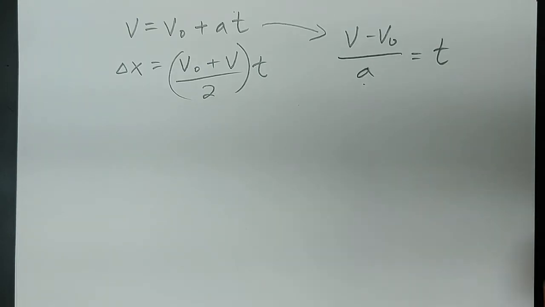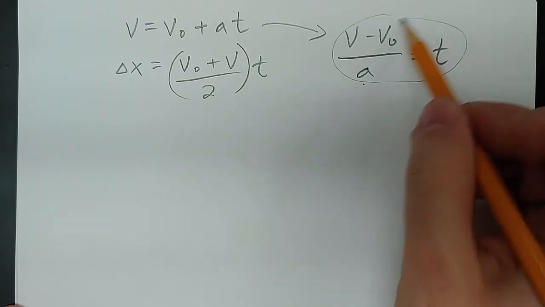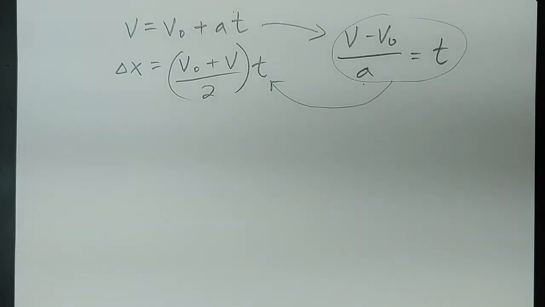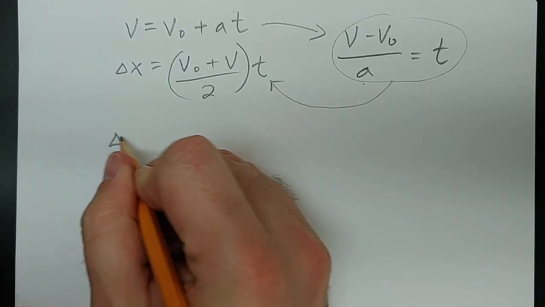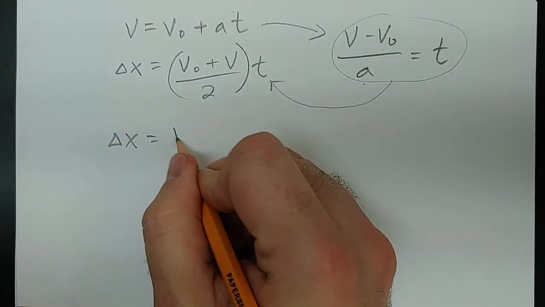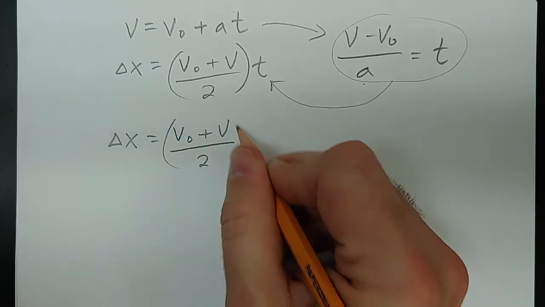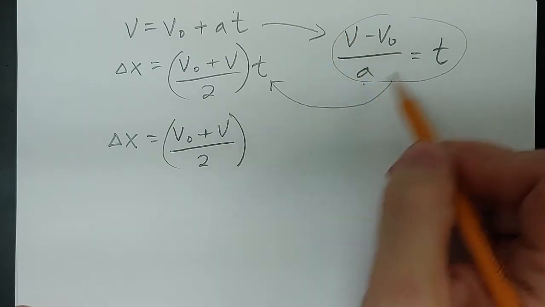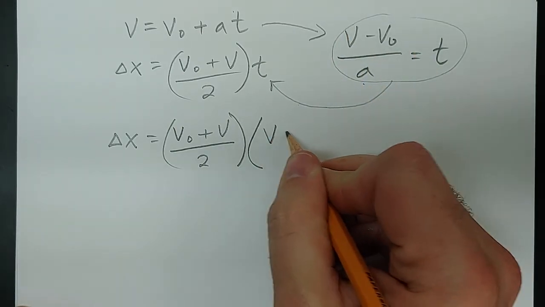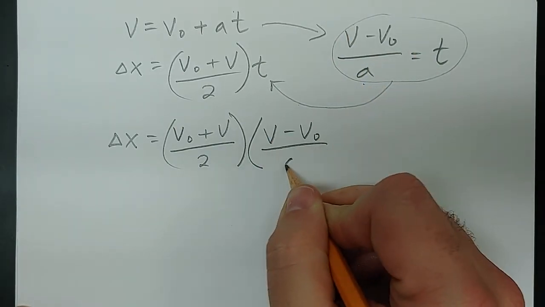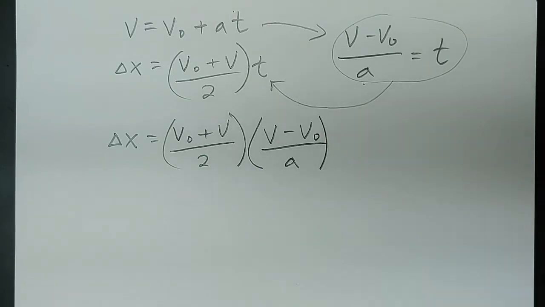And now I can plug that in for time here. And so we'll get displacement is equal to initial velocity plus final velocity over 2 times, instead of time, I'm going to use this thing, final velocity minus initial velocity over acceleration.